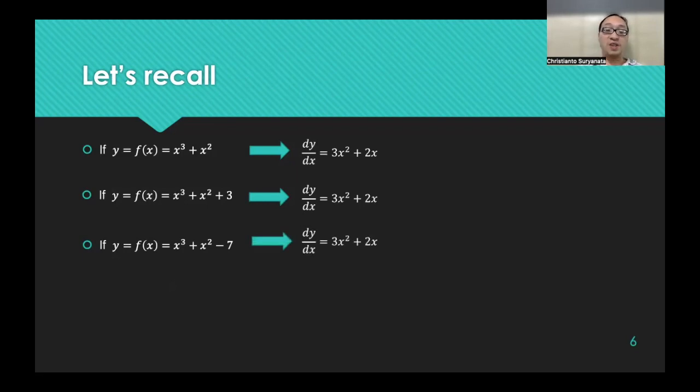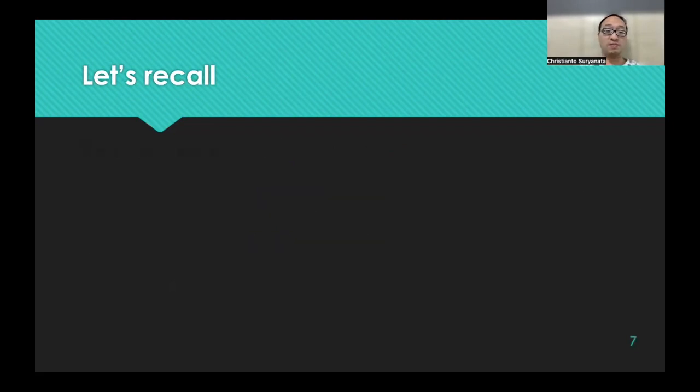So the antiderivative of 3x squared plus 2x is x cubed plus x squared plus c, the arbitrary constant. This is the same explanation as before: why do we put c there? Let's see another one.